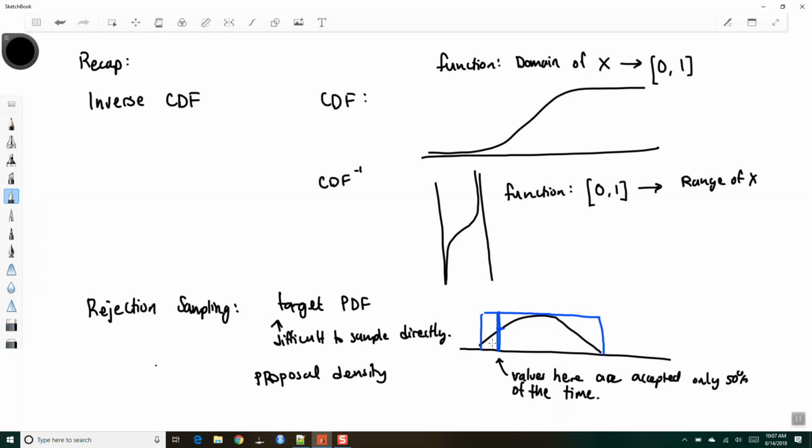Okay, let's see if we can get into a couple of topics for today. One, we might call these convolutions.